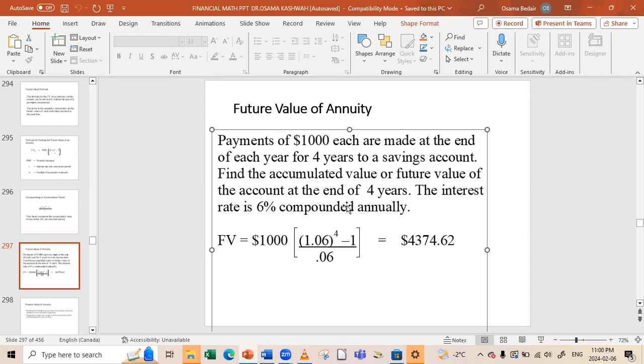Everything is fine here. The rate is annual, and for 4 years we have 4 annuities.